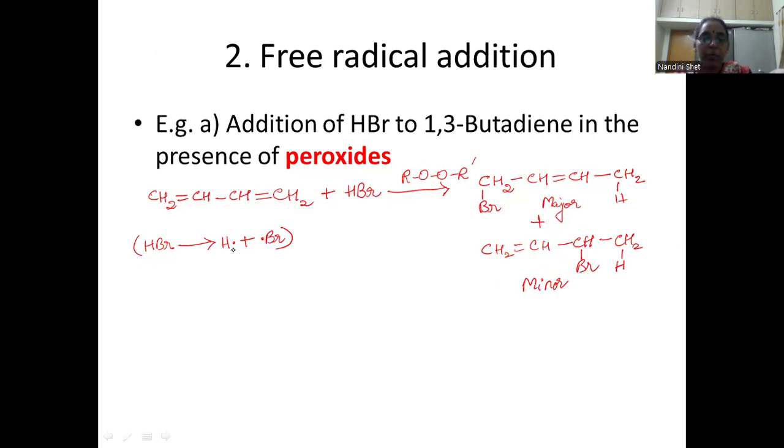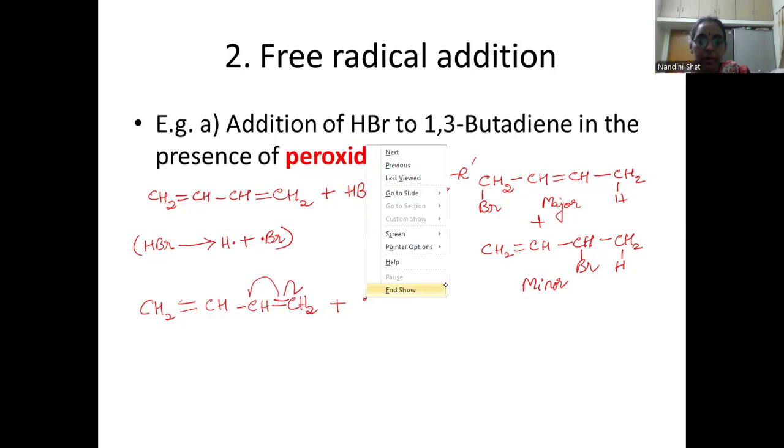So this is the first step, formation of free radical. After that, this pi bond undergoes homolytic fission in the presence of hydrogen radical.